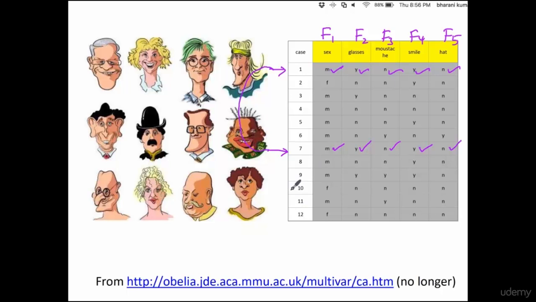At the same time, probably you want to group or cluster person 10 and 12 together. Both are female. Both are not wearing glasses. Both do not have a mustache. Both do not have a smile on, and both do not have a hat. What does this indicate?